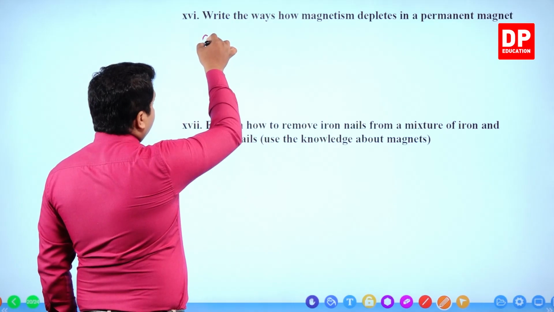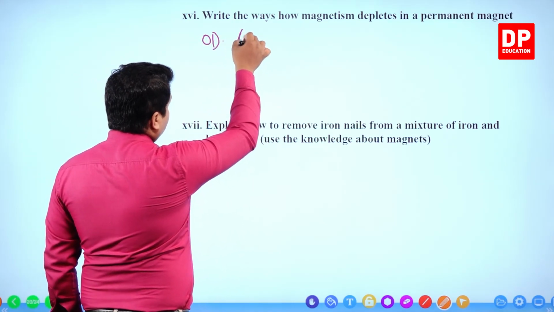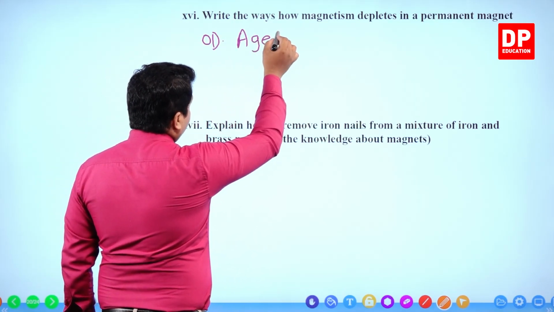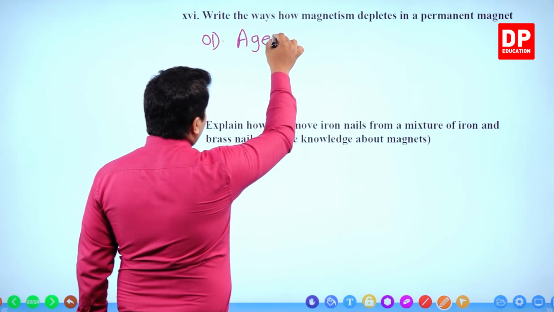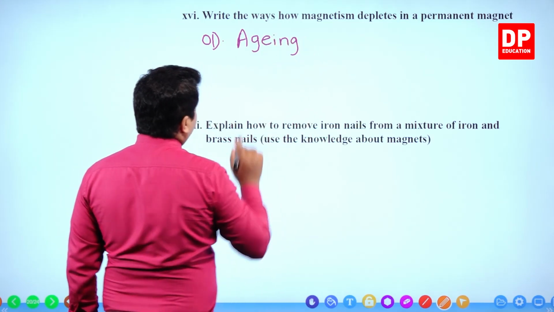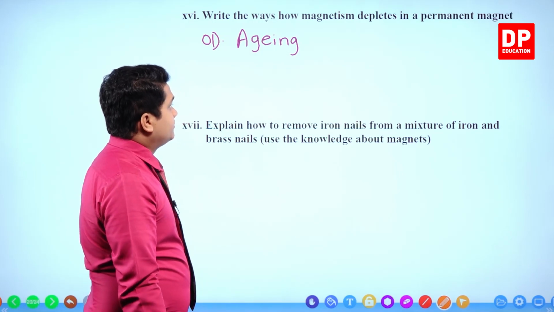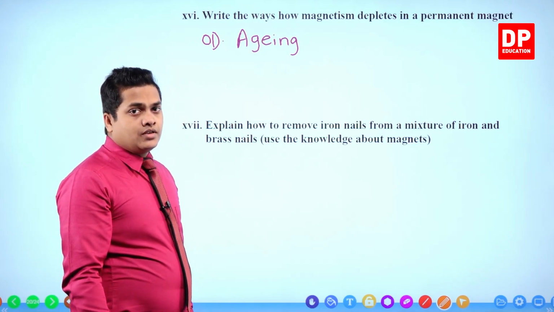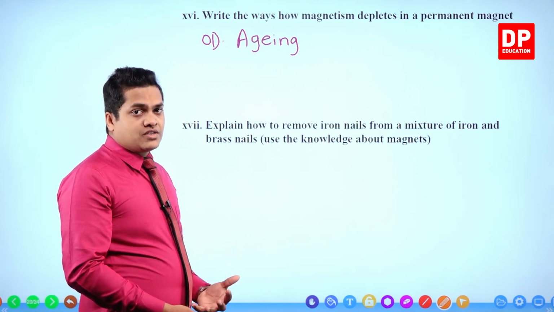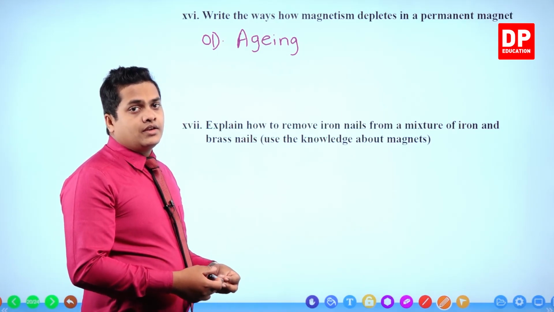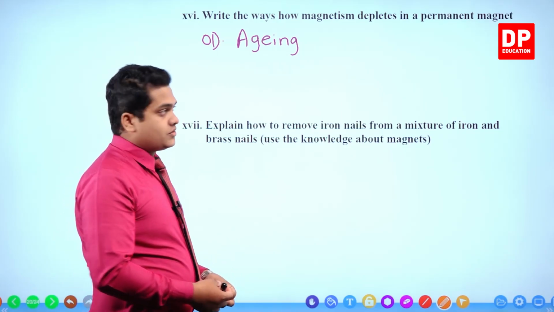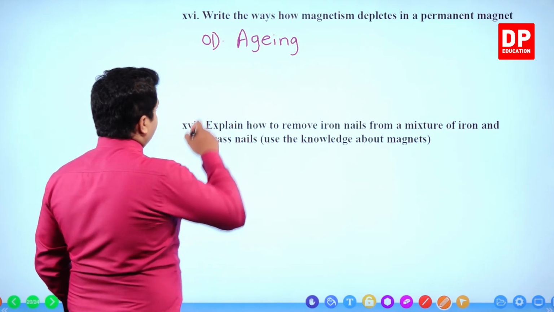So number 1, aging. When time passes by, magnetism is going to deplete. So the first method is aging.